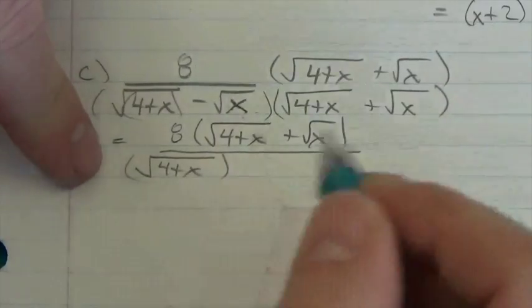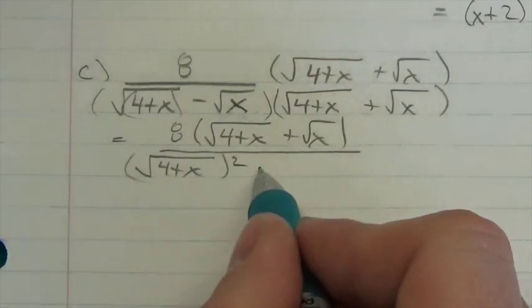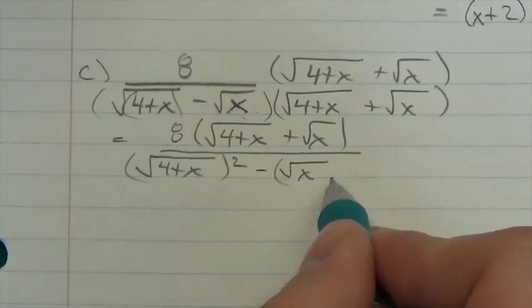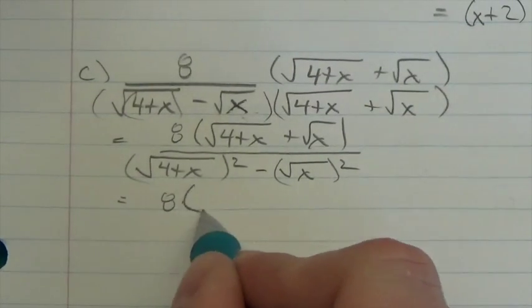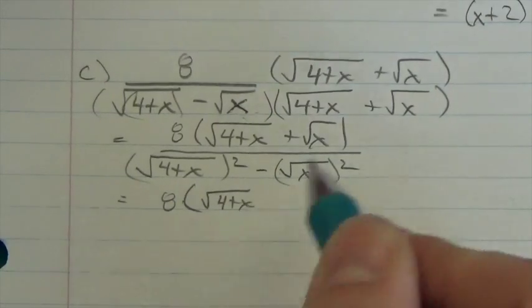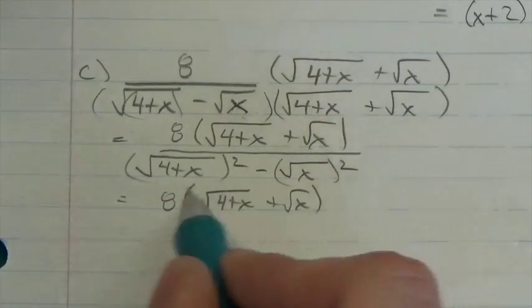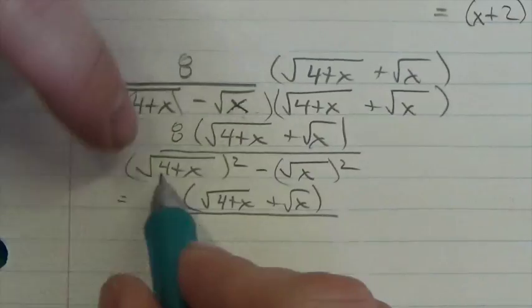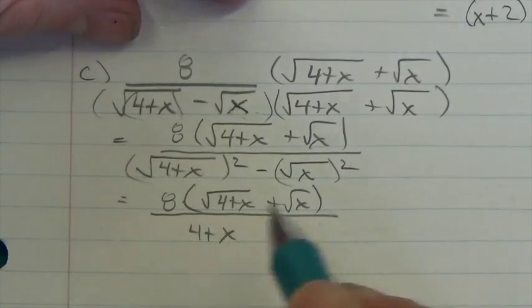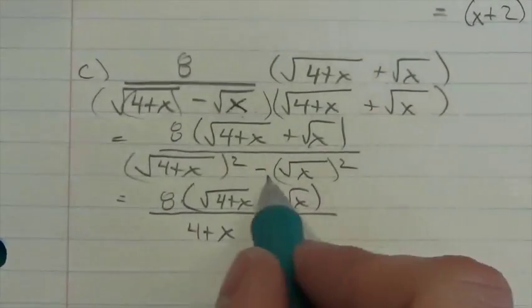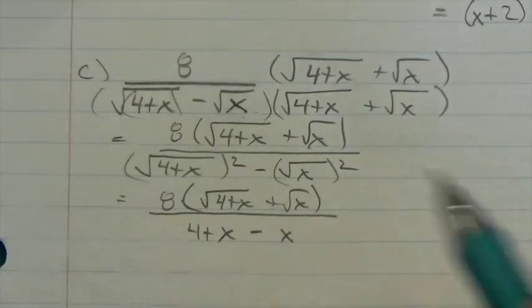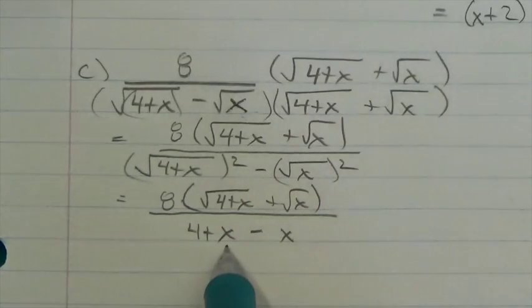This will be root 4 plus x squared minus root x squared. There's my denominator. I'm not doing anything with the numerator quite yet. That's going to get me 4 plus x, because the square and the square root will cancel each other out, minus x.